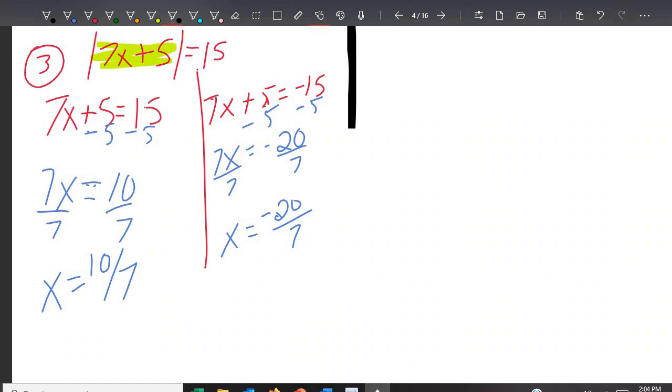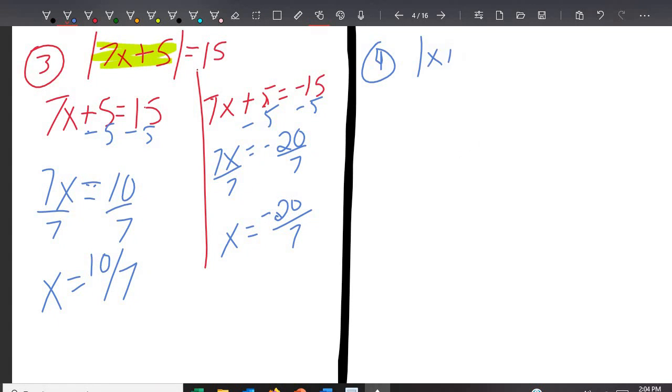Alright, now let's do one that looks a little different. Let's do the absolute value of x plus 1, minus 6 equals 7. Notice there is a constant outside of the absolute value symbol.